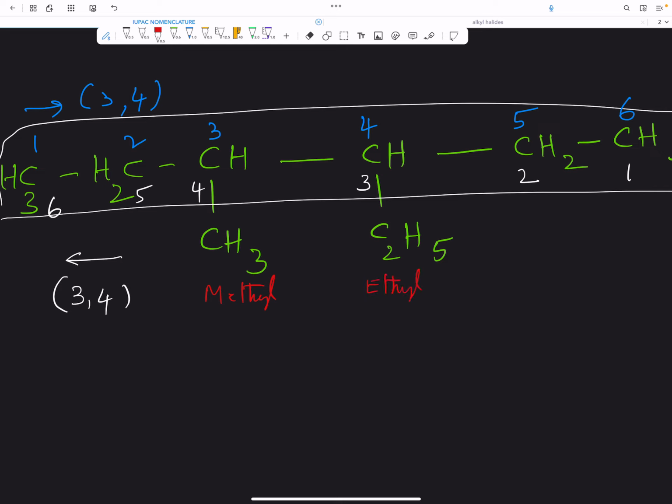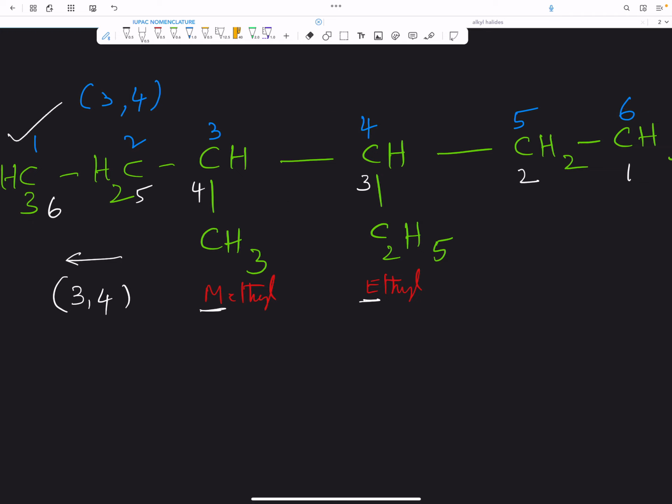Both are not the same substituents, but as the set of locants is identical for both substituents, numbering is done so that the group which comes earlier in alphabetical order gets the lowest locant. Here methyl M and ethyl E, methyl comes earlier in alphabetical order than ethyl. Therefore methyl should get the lowest locant. Therefore the numbering must be done in this direction. This is the correct numbering. This is not correct.